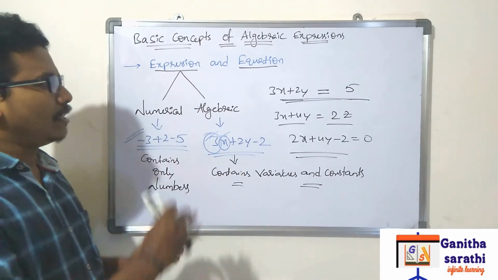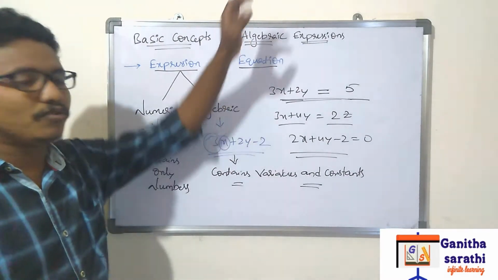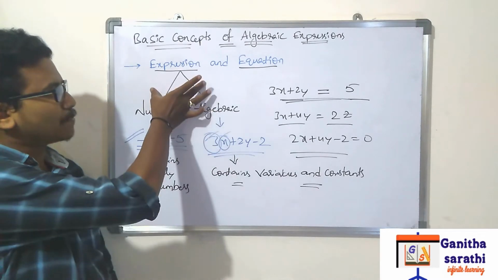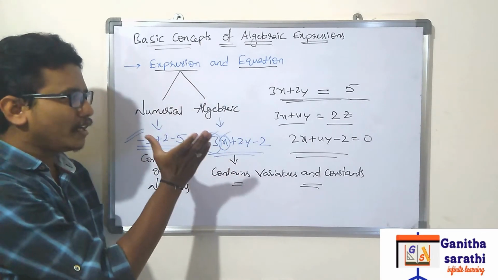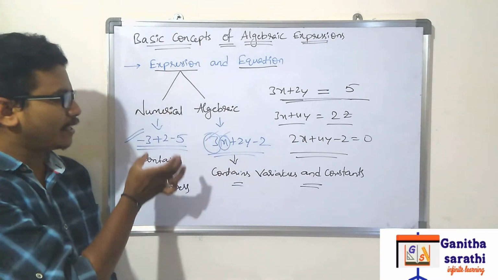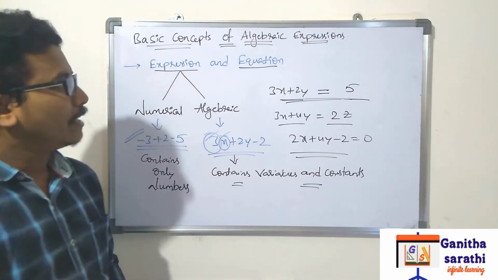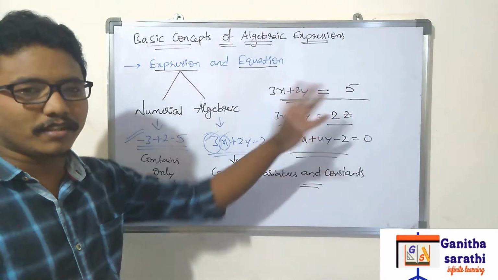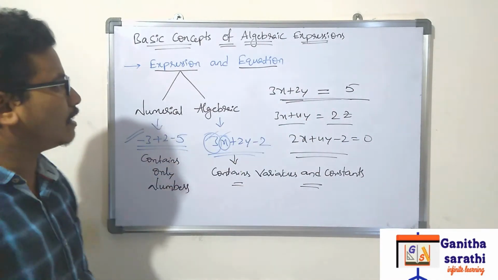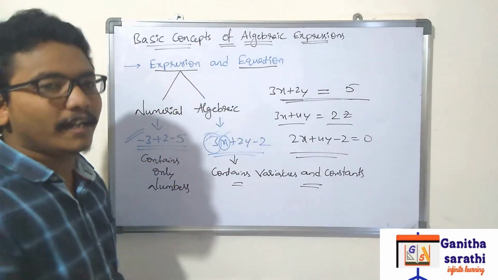Whenever it is used to solve the problem, then we will take the values. Okay, so understood the difference. Expression means, in algebraic expression, numbers and alphabets; numerical expression, only numbers. Equation means two expressions which are separated by an equal symbol. This is the difference between expression and equation.